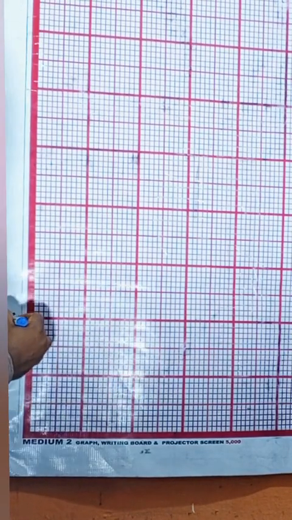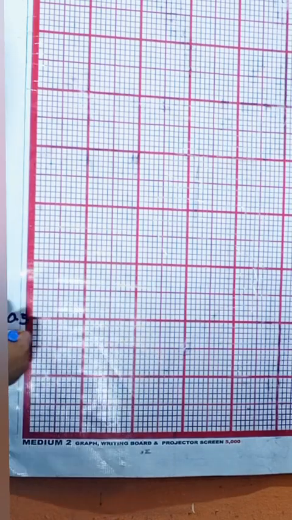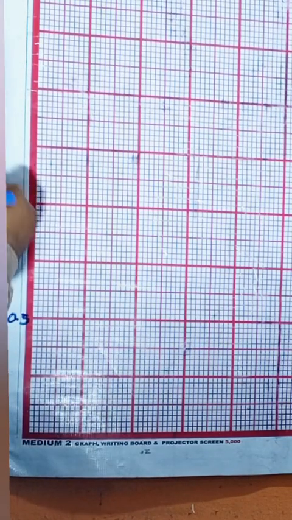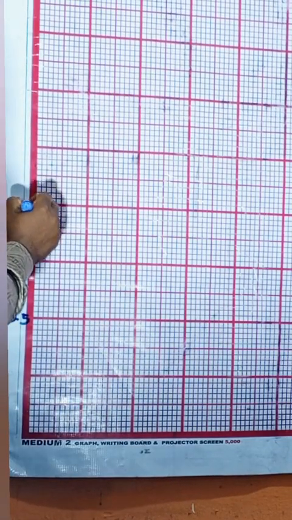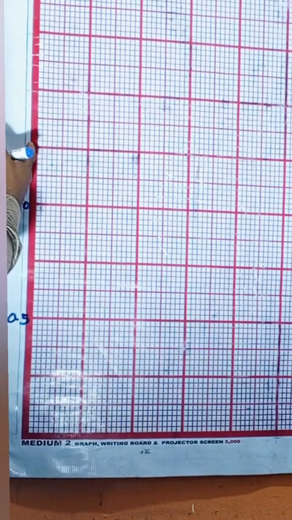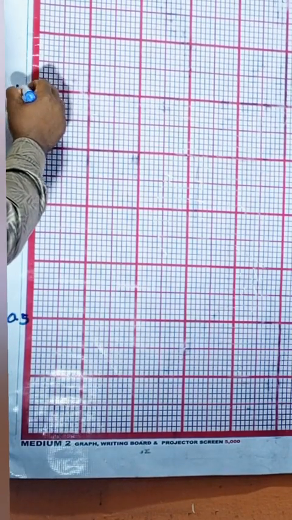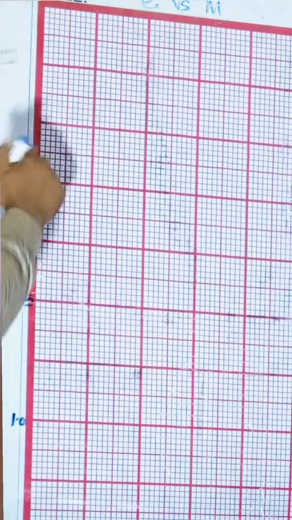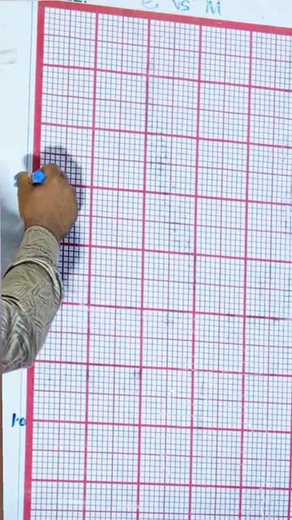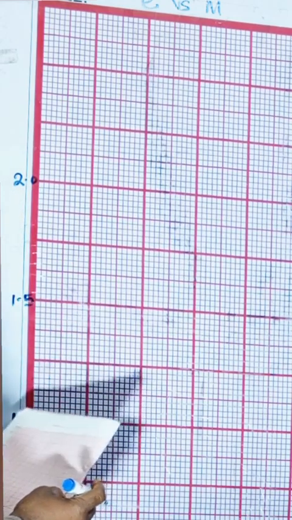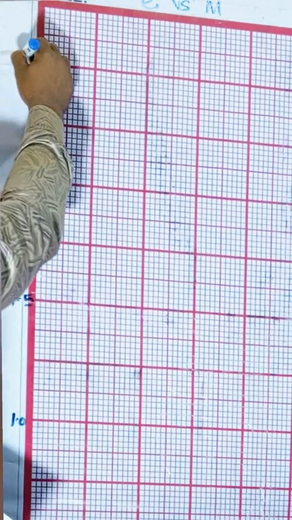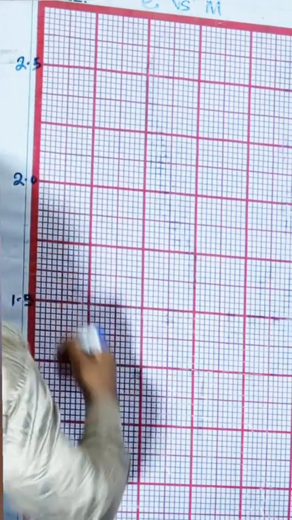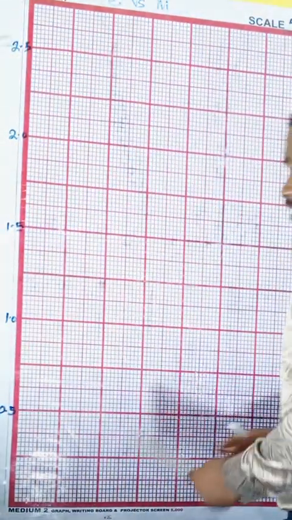So this 4 cm is going to be 0.5. This is 2 cm, this is 4 cm, is going to be 1.0. And this is 2 cm, this is 4 cm, is going to be 1.5. And this is 2 cm, this is 4 cm, is going to be 2.0. And this is 2.5. So this is 2.5 on the vertical.